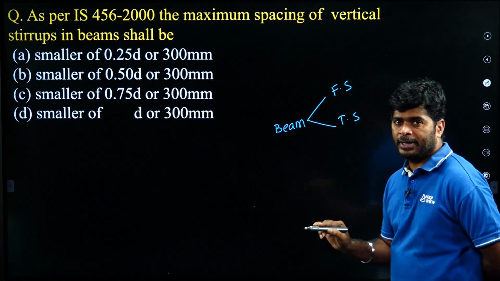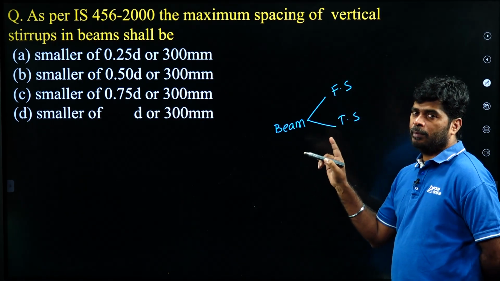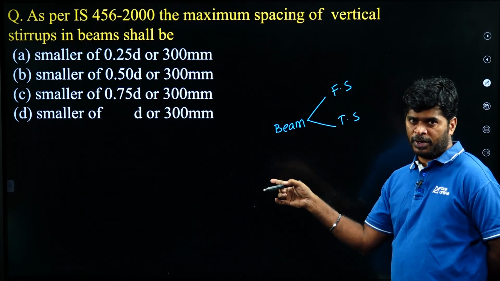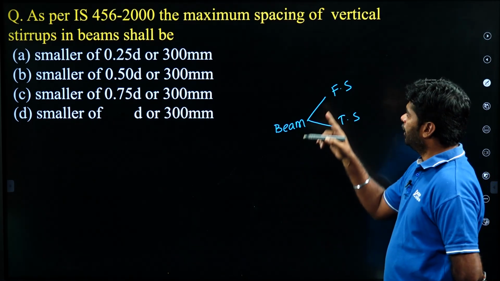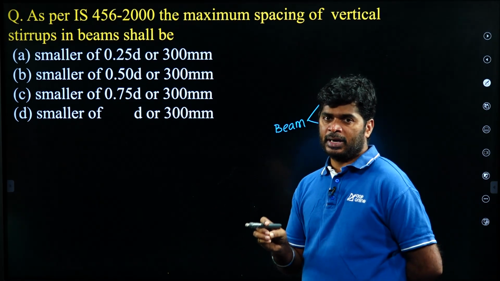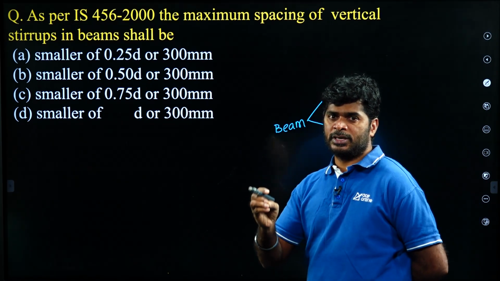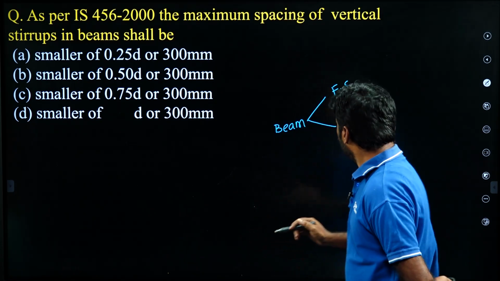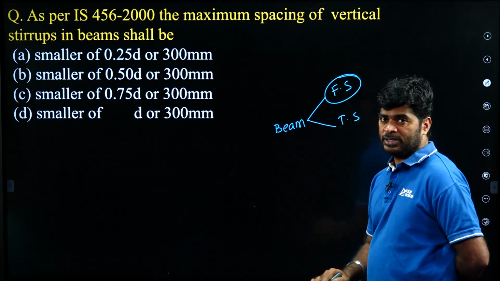When a beam is subjected to torsional shear, they will mention in the question that the beam is subjected to torsion. The previous question is the example. But in this question, they didn't mention torsion. Simply they are asking what is the maximum spacing provided for vertical stirrups, so it comes under flexural shear.